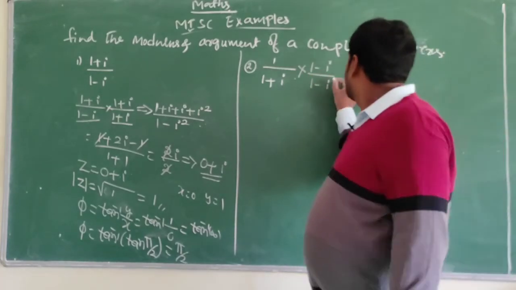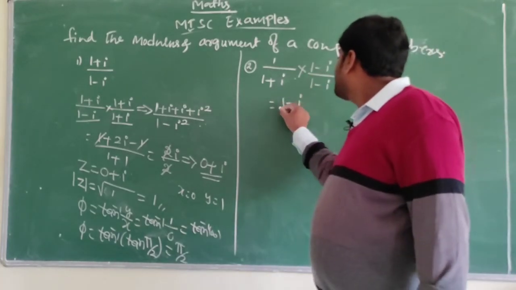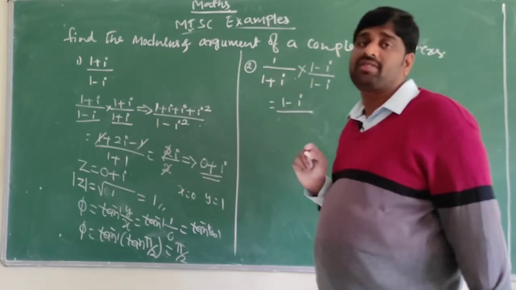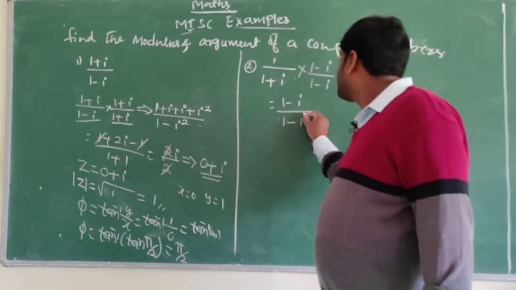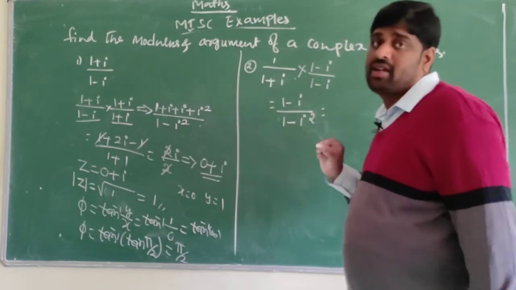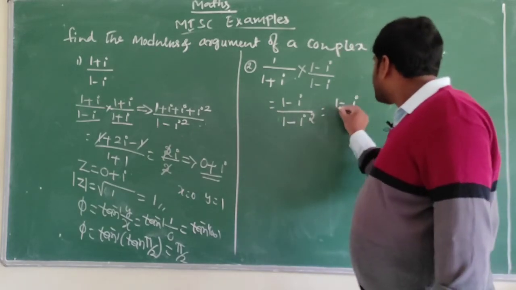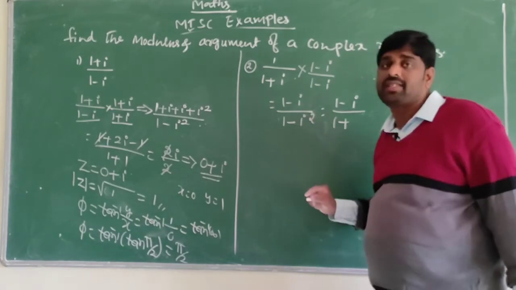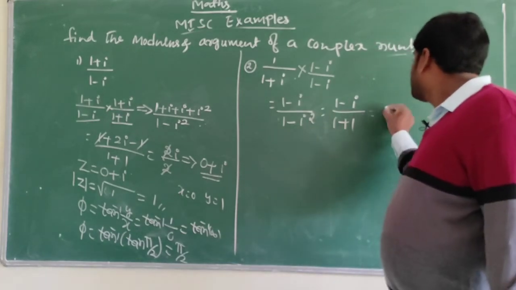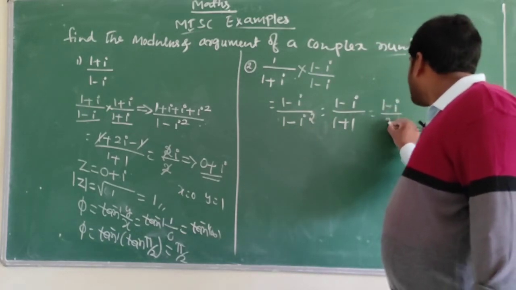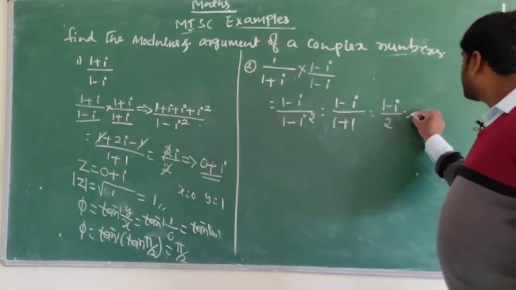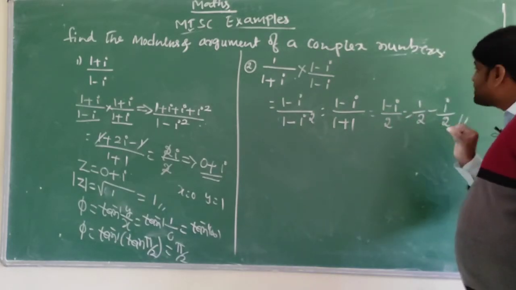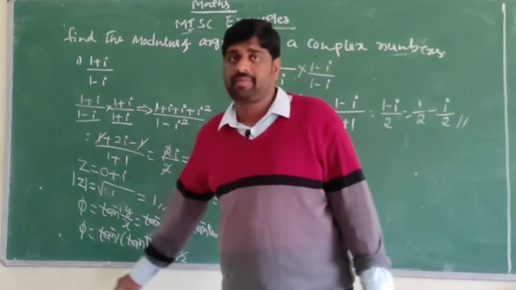So that is 1 minus i divided by, the form (a plus b) into (a minus b) is there, that is 1 minus i squared. So 1 minus i divided by 1 plus i squared, where i squared is minus 1, minus into minus is plus, that is 1 plus 1, so 1 minus i divided by 2, that is 1 by 2 minus i divided by 2. This is the complex number.